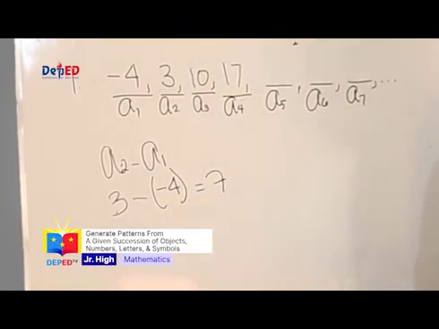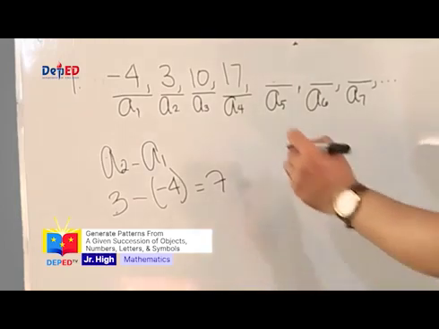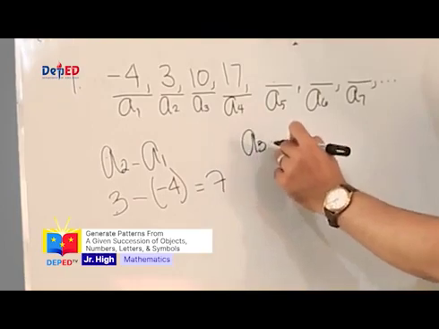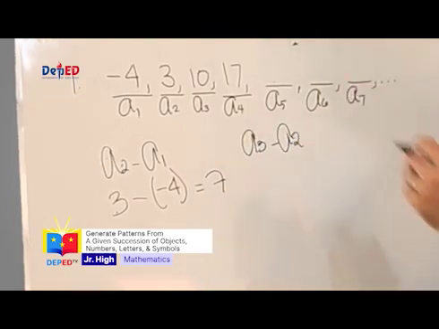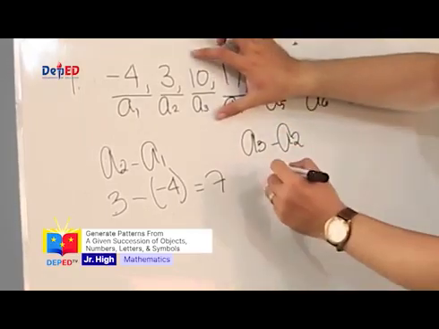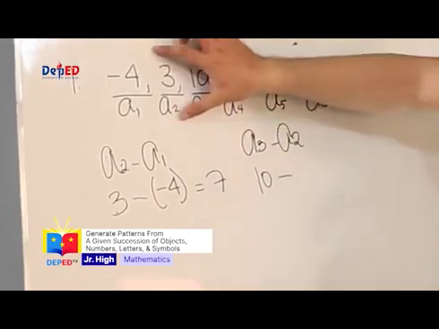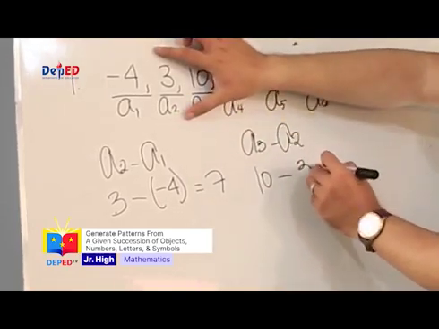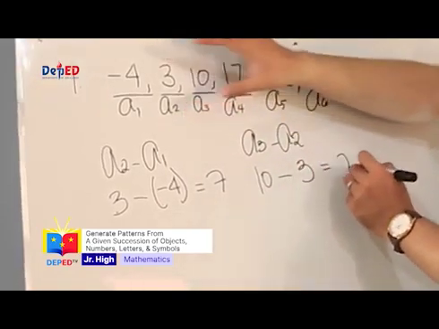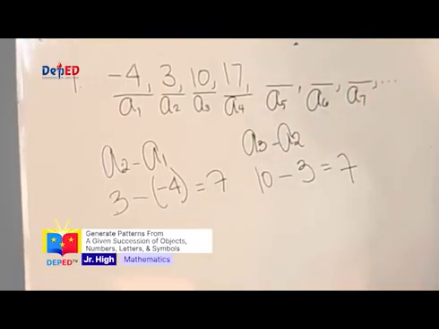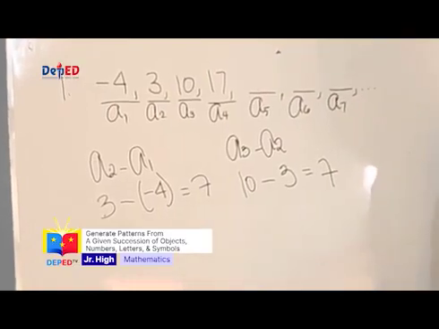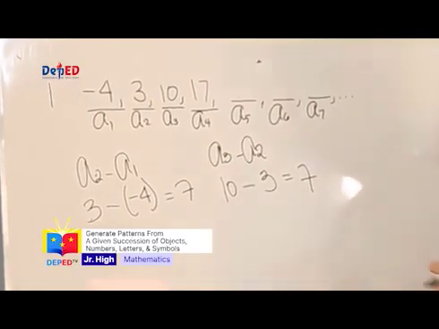Now let's try the third term minus the second term. That's a sub 3 minus a sub 2. Our third term, which is 10, minus the second term, which is 3. Their difference is still 7. And the fourth term minus the third term.